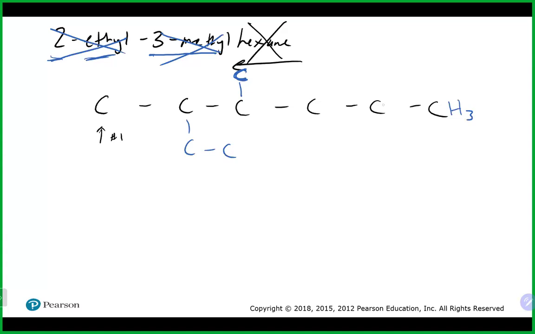The one next to it has 2 lines coming in, so it needs 2 hydrogens. The next one also has 2 lines, so it needs 2. The next has 3 lines, which means it just needs 1 hydrogen to get to 4. The one next to it has 3 lines, so it needs 1 hydrogen. The one at the end has 1 line, so it needs 3 hydrogens.